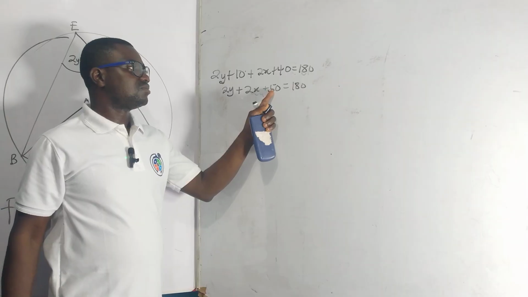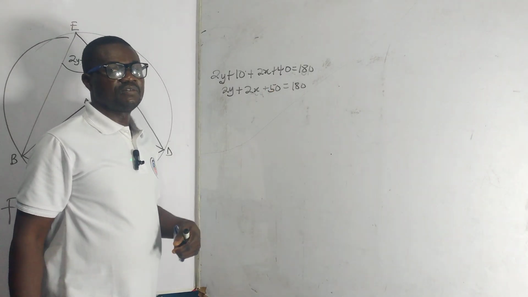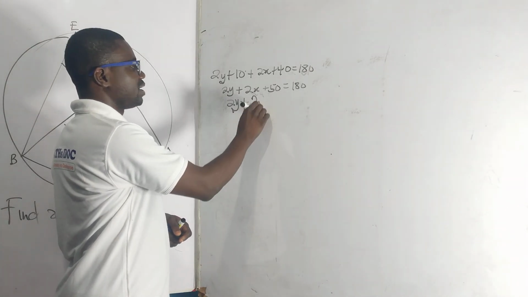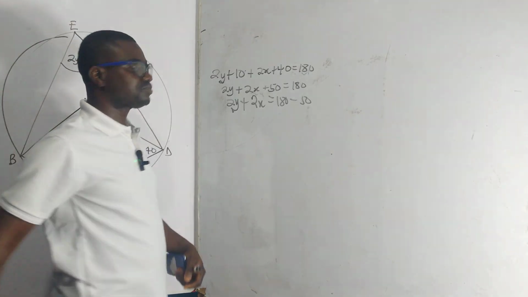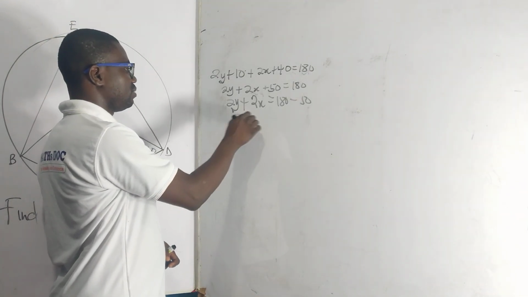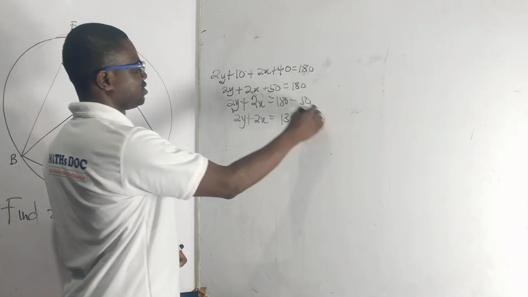Then let's subtract 50 from both sides. We're going to have 2y plus 2x is equal to 180 minus 50, giving you 2y plus 2x is equal to 130. So this is the first equation.